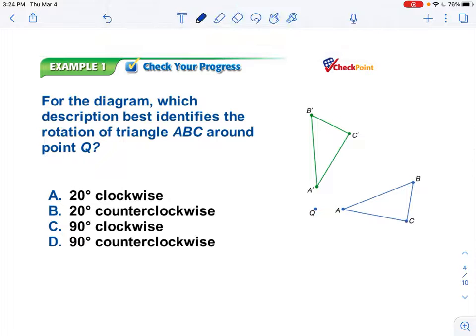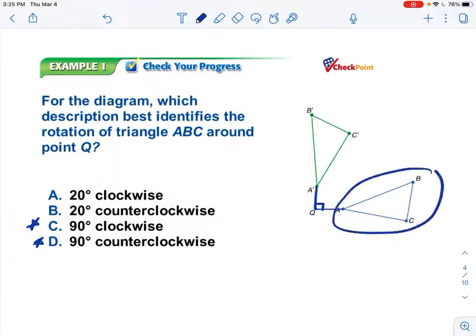So for this diagram, which description best identifies the rotation of triangle ABC around point Q? The best way I think to do this is to draw an angle between A, the center of rotation Q, and A prime. This gives us an idea of what the angle should look like. It is either one of two of our 90 degrees.